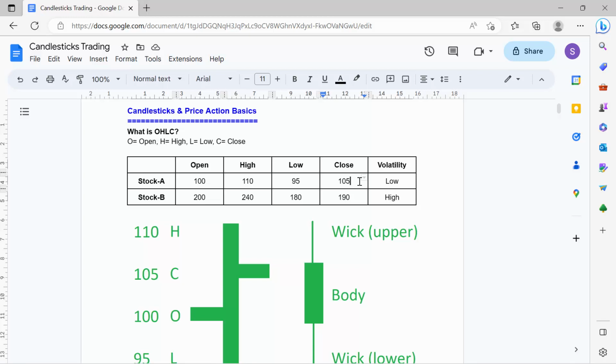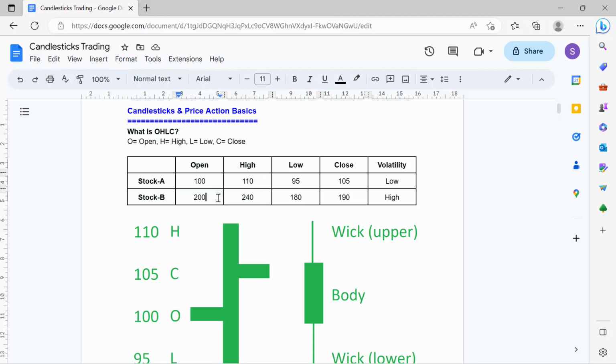Number 3, the volatility of stock A is 15%, which is given by high price 110 minus low price 95, that is 15 points, and 15 divided by open price 100 into 100 is 15%. So stock A has an intraday volatility of 15%. In real life, you don't get this much volatility, but this is just an example to clear the concept.